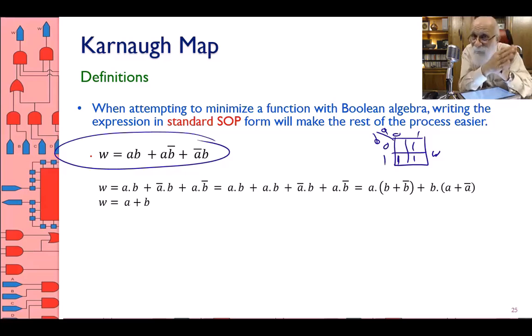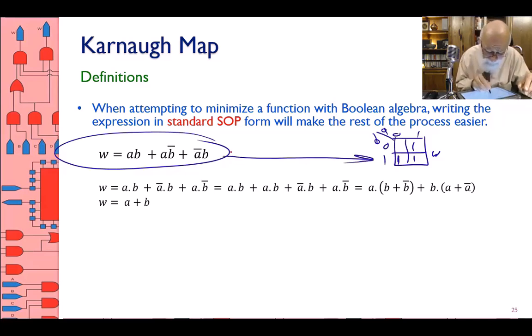Whatever we learn from there, we then take those rules to the Karnaugh map and say, okay, the same way I did with the Boolean algebra, now I'm going to do with this Karnaugh map, because they are both the same.